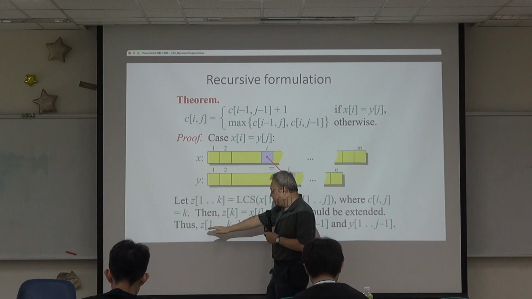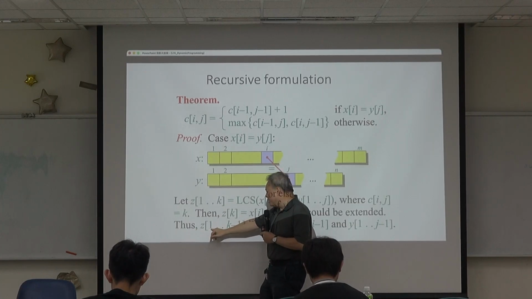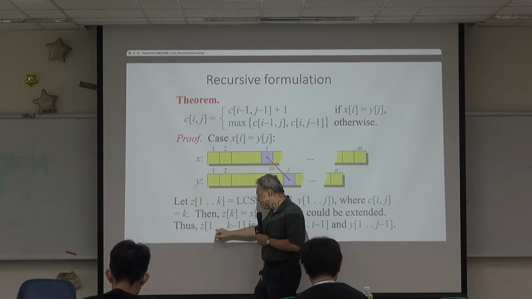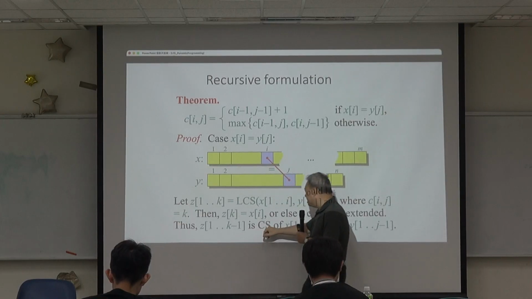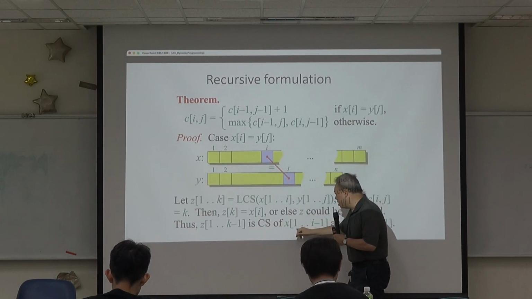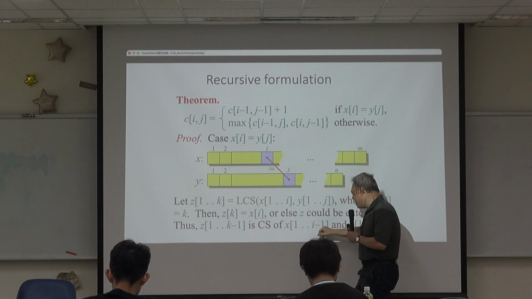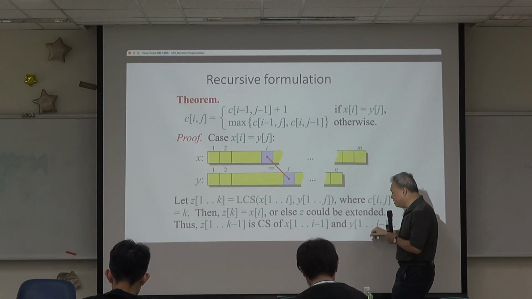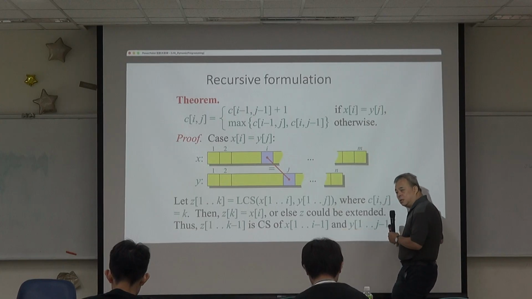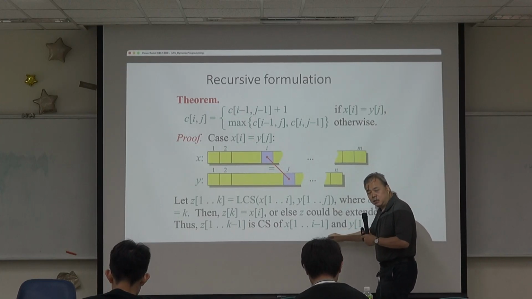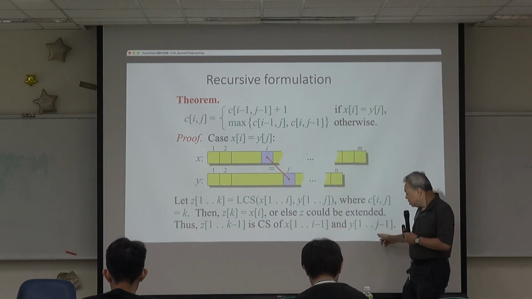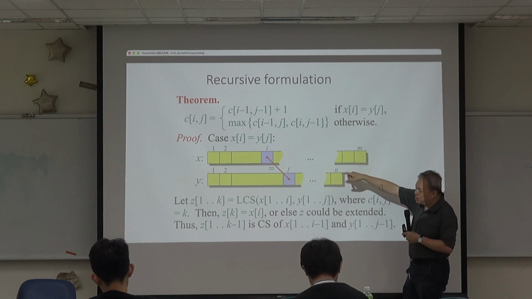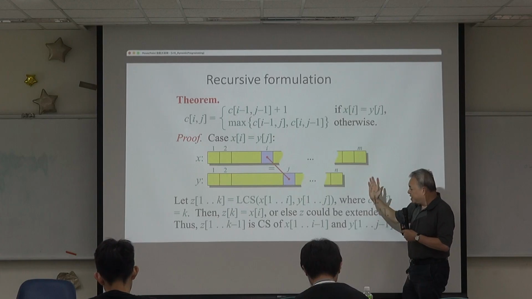So this z 1 to k minus 1 is a common subsequence of x 1 to i minus 1 and y 1 to j minus 1, because the last character comes from that matched one and we get rid of that.